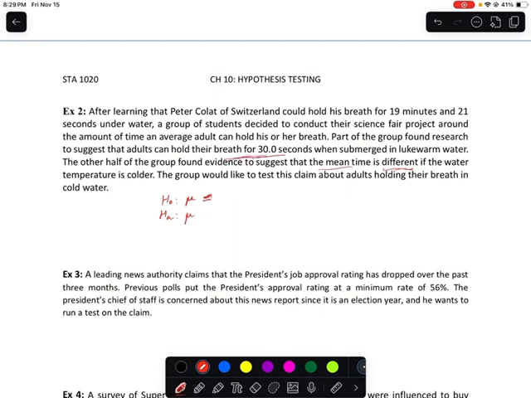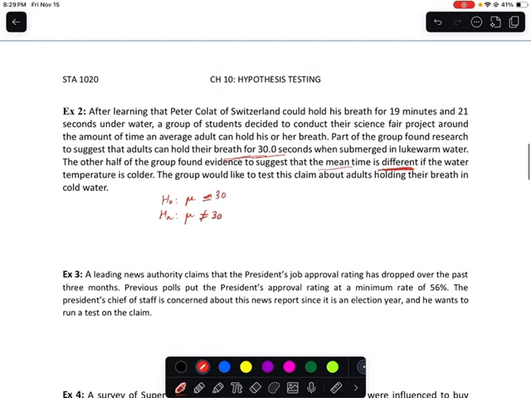So it means this is the currently believed value, right? So mu is equal to 30. But now what did the other group find? Can people hold more than 30, less than 30, or what? It's saying is different. So it could be less than, it could be greater. So what does that mean? It is not equal to 30.